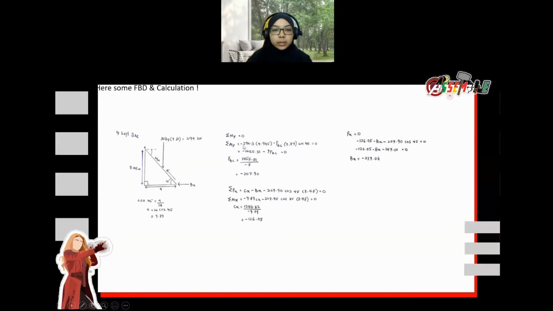And then we calculate the moment, summation My equal to 0. Negative 294.3 times 4.945. This value we got from the value A divided by 2, minus FBC. FBC is the force B to C times 9.89 sine 45 equal to 0.